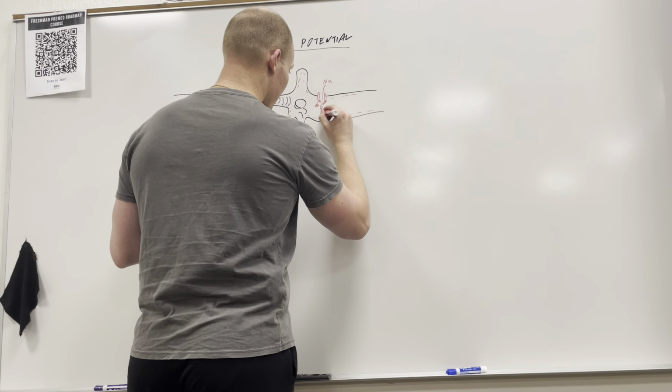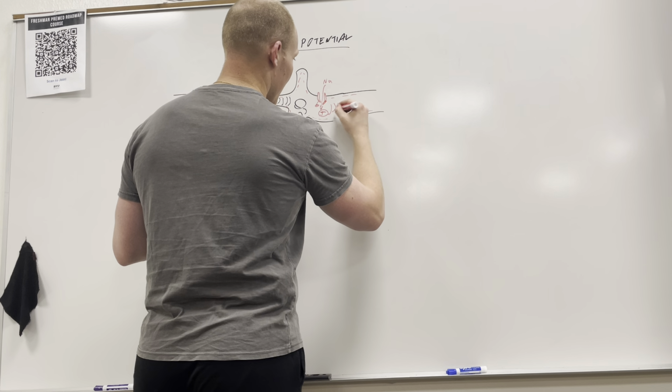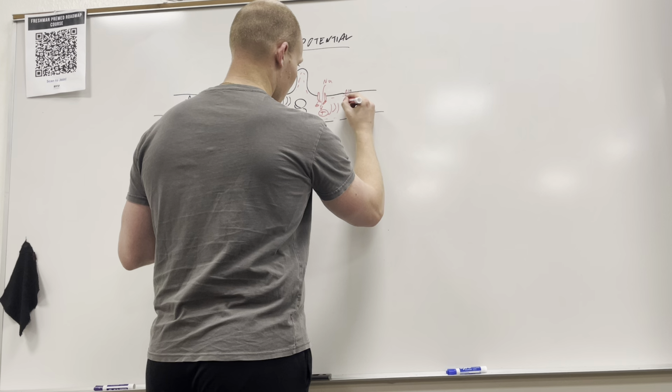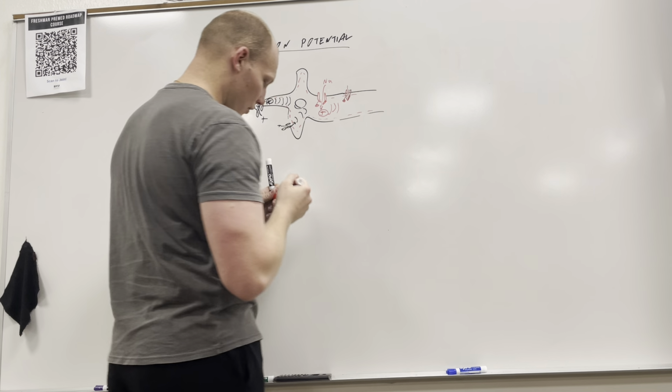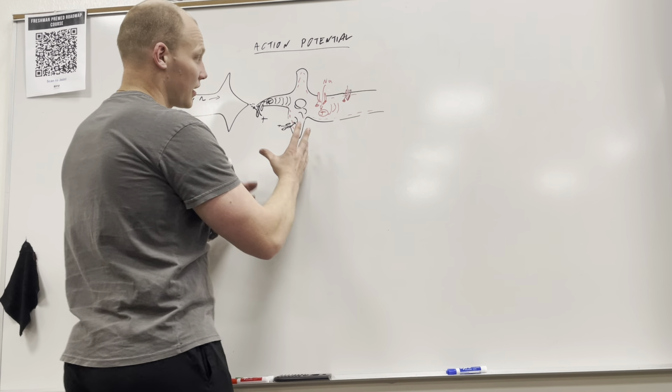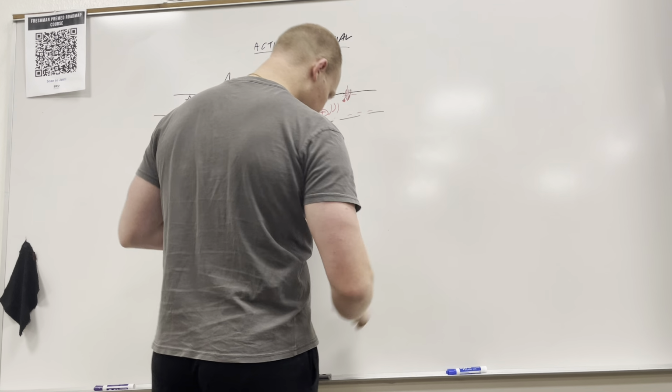And where sodium is a positive charge, it will do the same thing, and it'll activate another channel here, allowing sodium to flow in, and so on and so forth down the line. And that's how we propagate an action potential down a neuron.